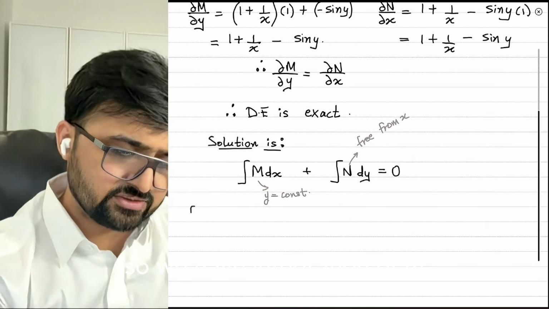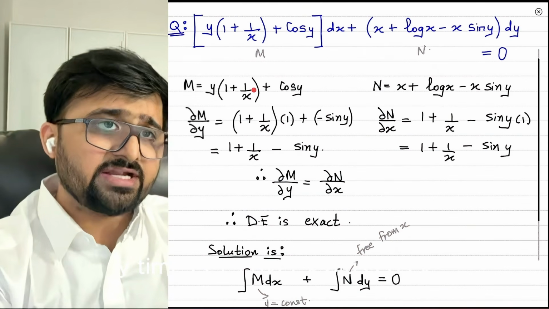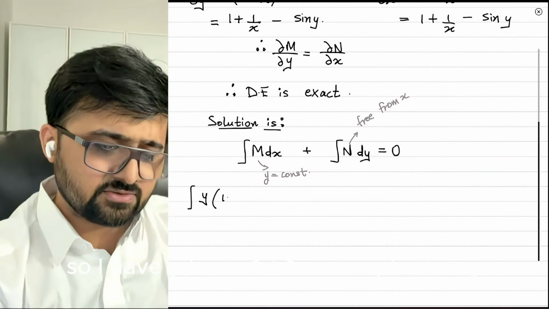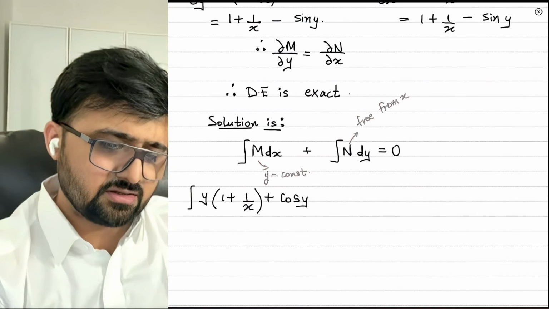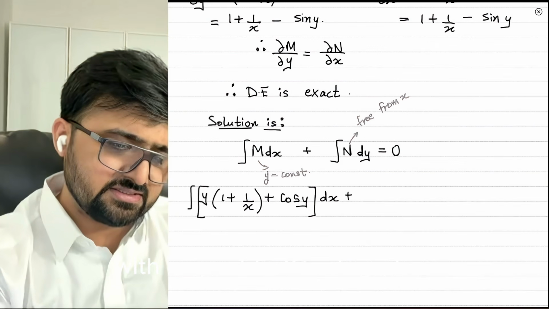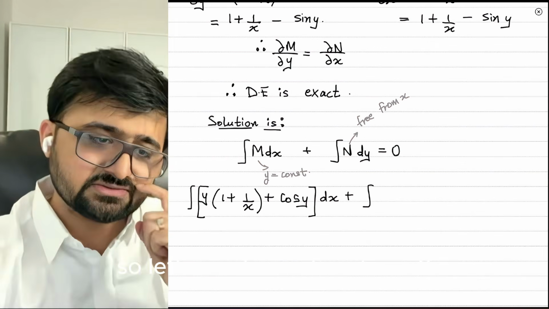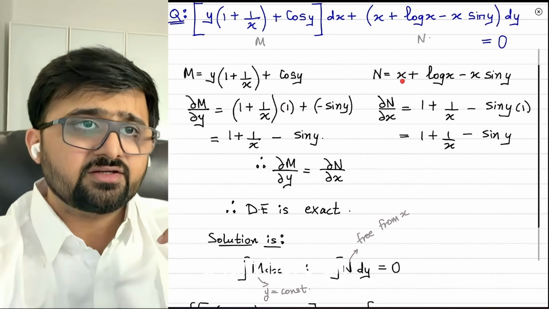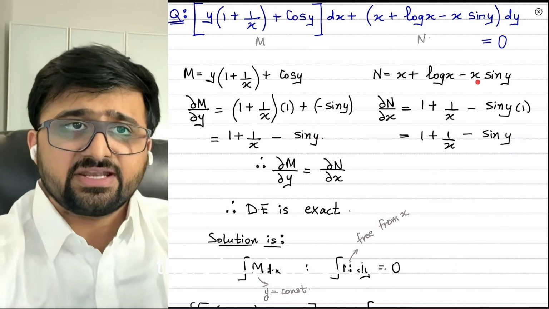So let's substitute the values. We have integration of M, where M is y times (1 plus 1 over x) plus cos y, and this whole thing is integrated with respect to x, plus integration of N. Remember, in N we only take the terms which are free from x. x is not free from x, log x is not free from x, and even x sine y is not free from x.